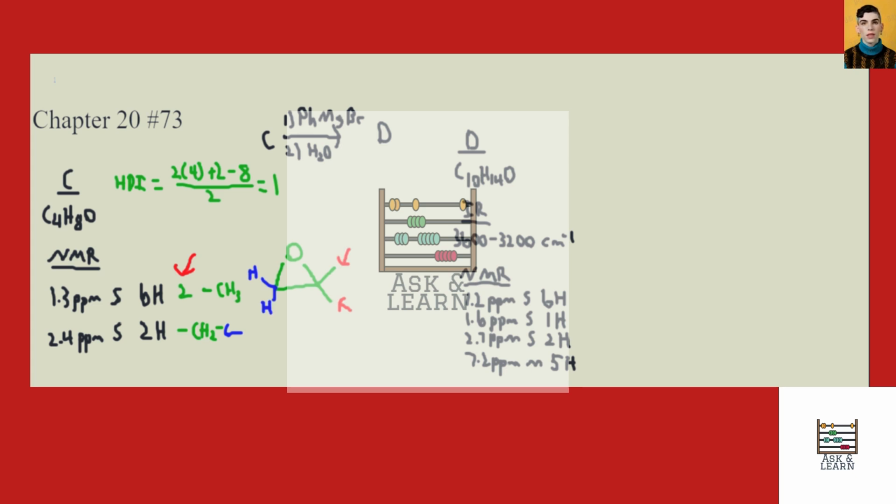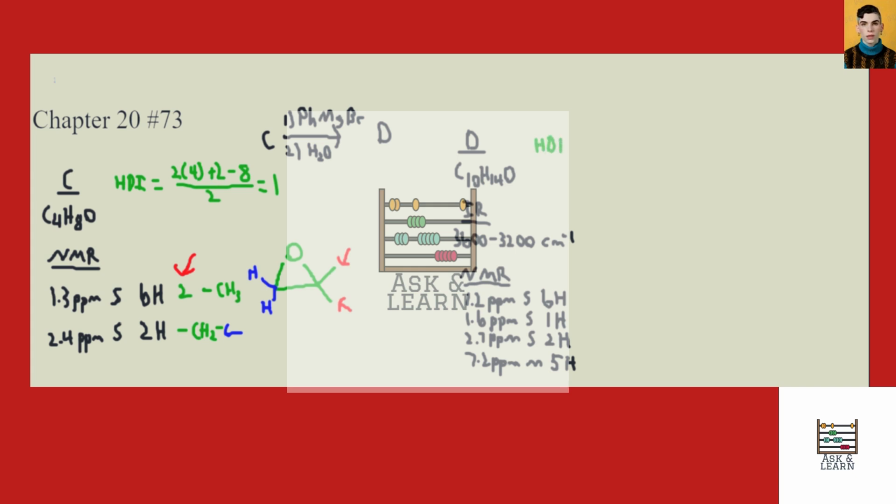Then for D, if we treat this epoxide with phenylmagnesium bromide, we would expect the Grignard to act as a nucleophile and open the epoxide at the less substituted side. We should bear that in mind, but we should also do the exact same thing here.